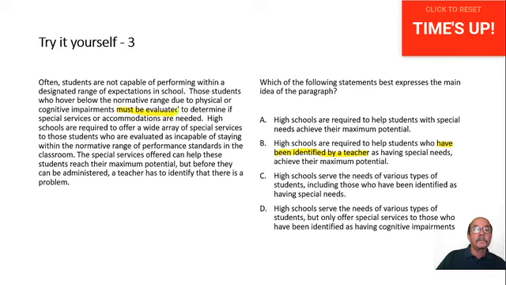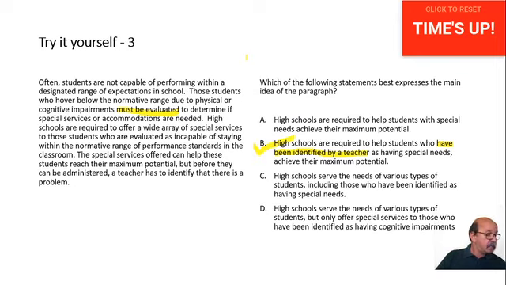So, obviously, it will be done by trained teachers. Answer option A doesn't talk about the teachers. It just says that high schools are required to help the students. How do we know who are the special needs students? We don't know. So B is basically the better answer. It's the more complete answer.